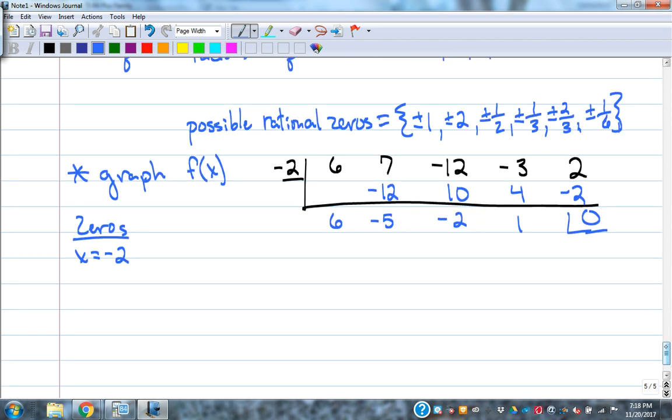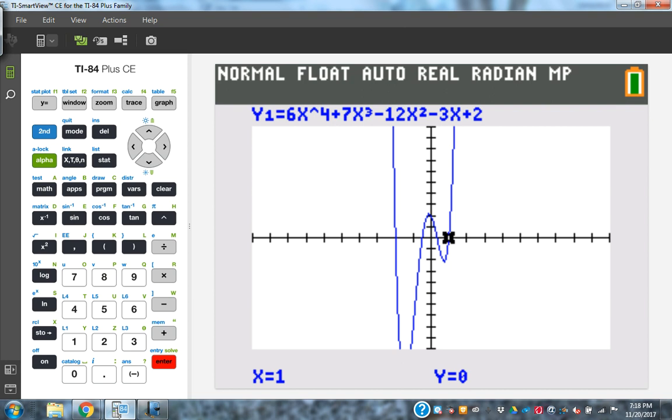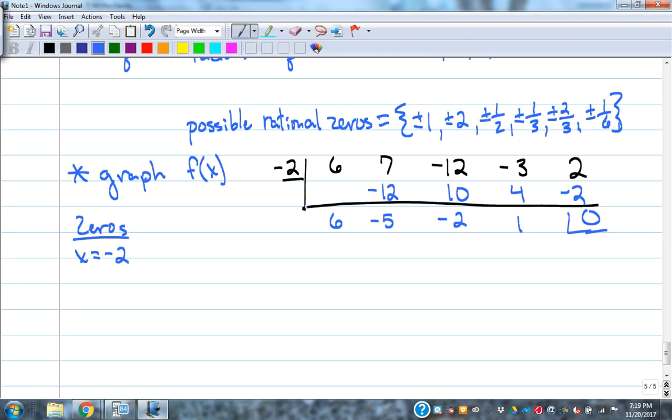Now here's the next thing that's happening. I also know that +1 worked because I saw it on my graph that it crossed the x-axis at +1, and I checked it by hitting trace and typing in a 1. That works. I can use it on the answer to this synthetic division to break that polynomial down. Because this one started at x to the 4th power. When I do synthetic one time, this is at x to the 3rd power. I don't have a whole lot of tools for solving x to the 3rd powers.